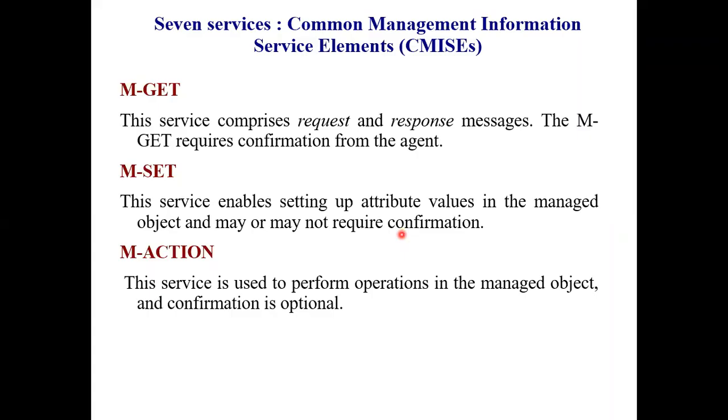Sometimes confirmation is required, sometimes not. For the may-not case, the double arrow is actually not needed. I don't need confirmation from the agent; I am authorized to directly change the attributes of the managed object. But since it is may or may not, we put a double arrow.